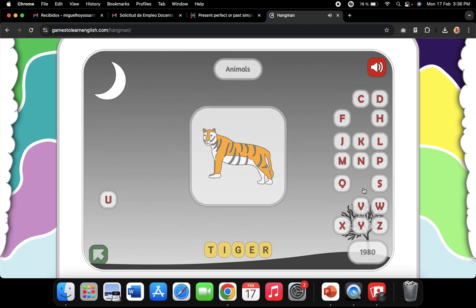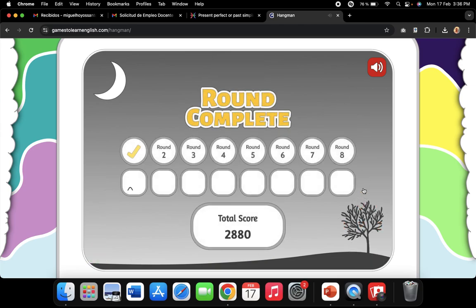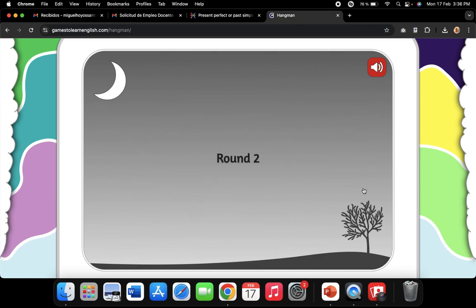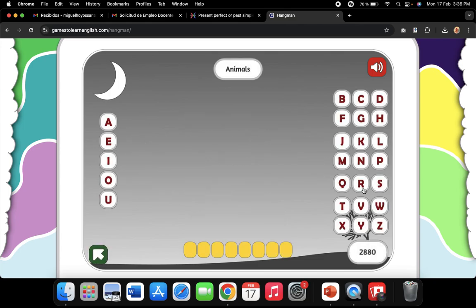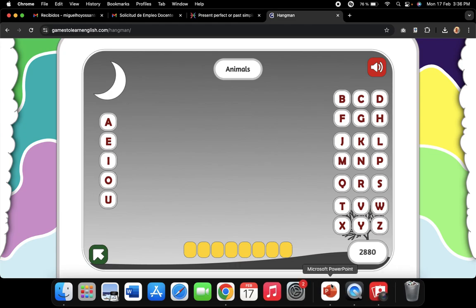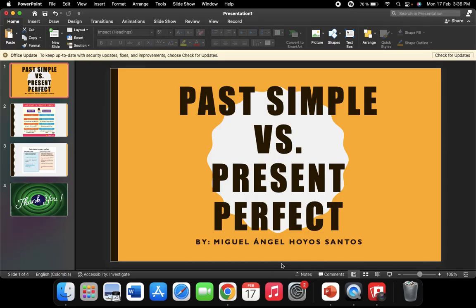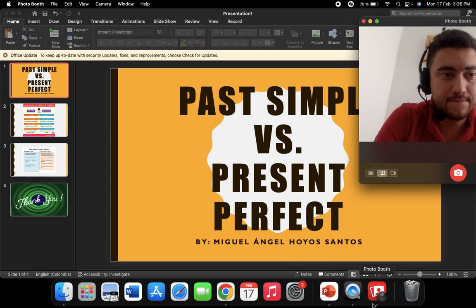This is a small game in which we can practice our vocabulary, and also we can identify how students are handling the pronunciation of the vowels and the alphabet. After that, once this part of the class is finished, let's move to the explanation about the differences between past simple and present perfect. Okay, well, let's start.